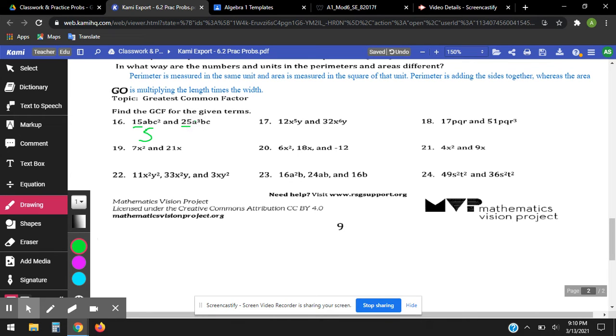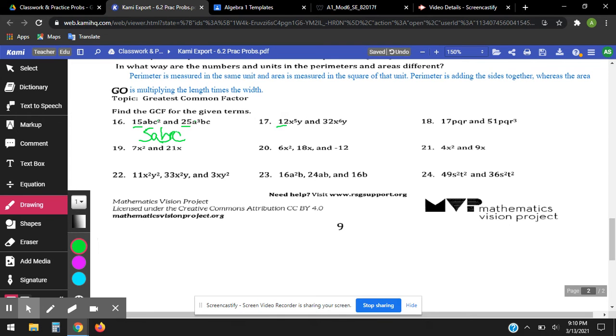I have 1A and 3 A's. The most I can get out of both of them is 1. Same with the B's. There's 1 in each, so that's the most I can get out of them. And there's 1 C here and 2 C's here, so the most I can get is 1. So my greatest common factor would be 5ABC.